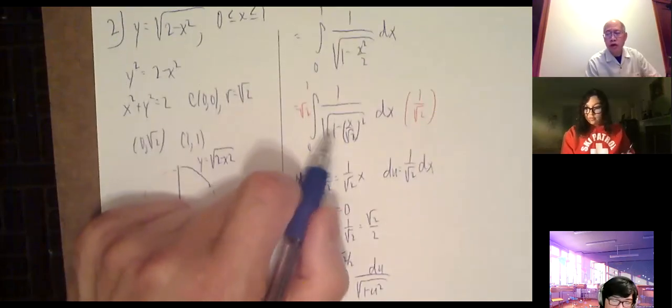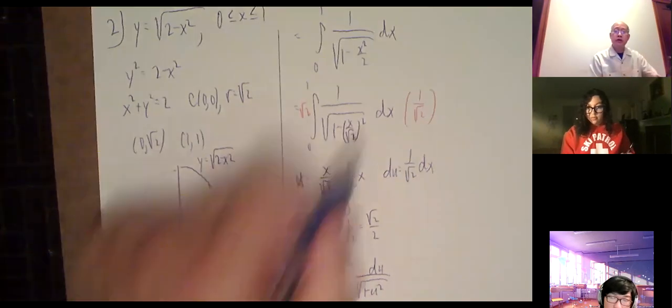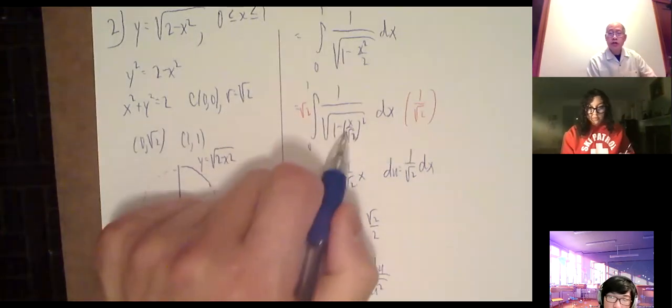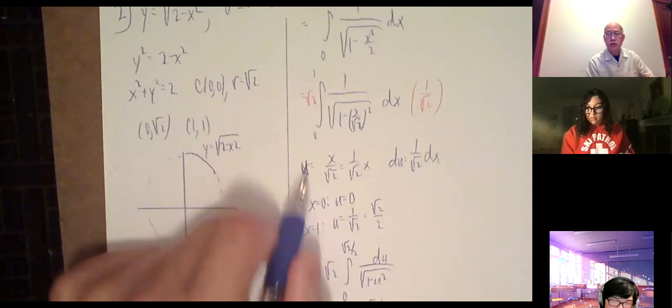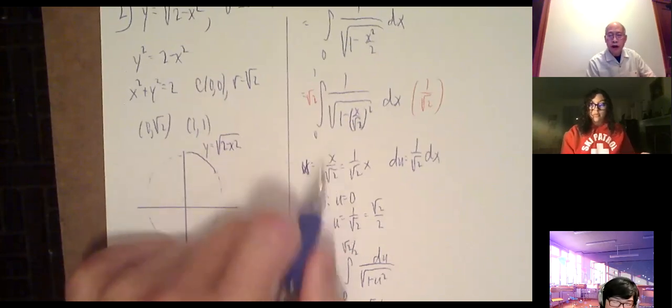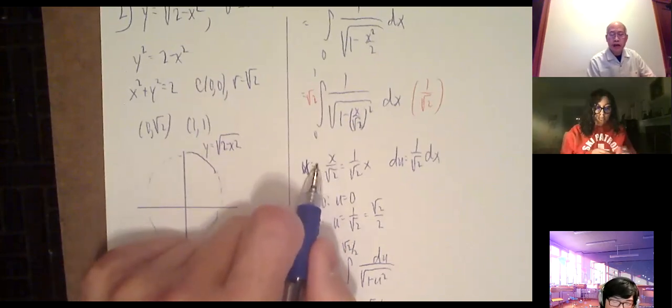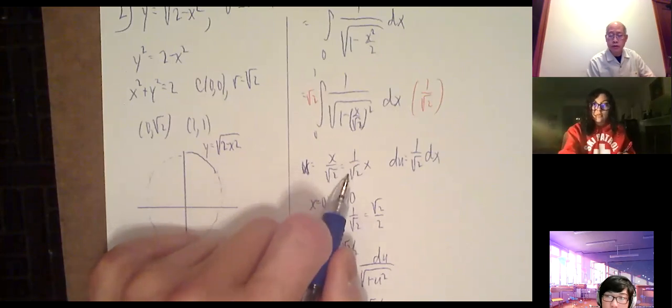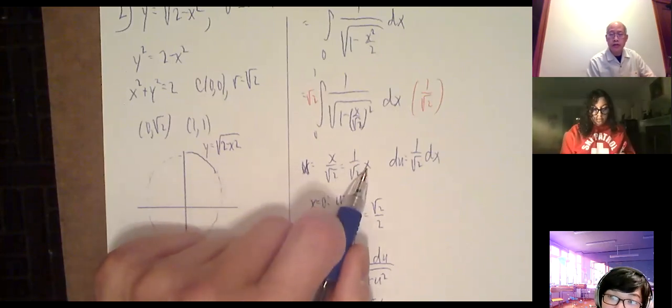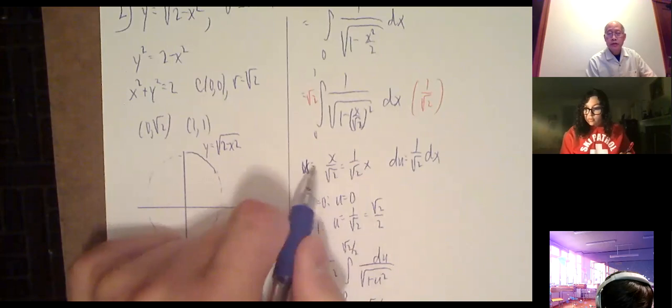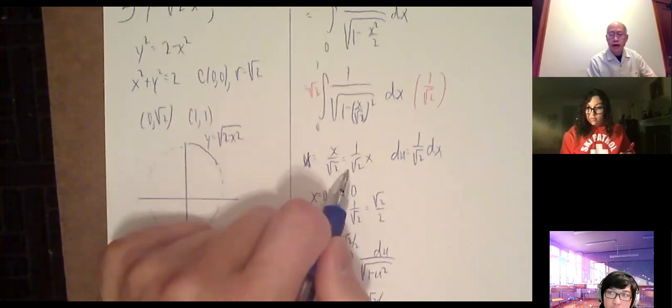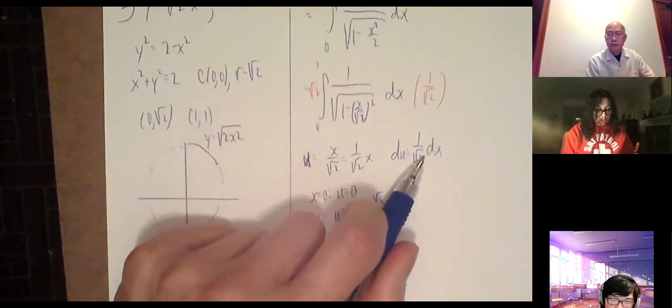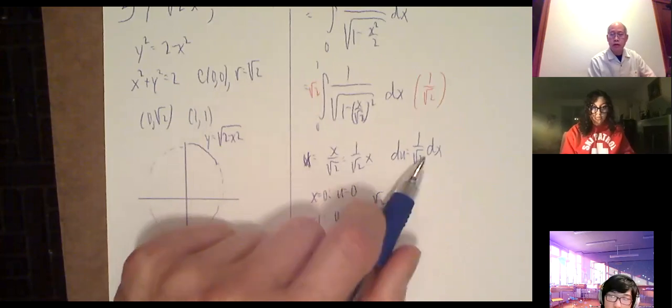All right, so I want this to be 1 minus u squared, so I can substitute with my arc sine. So let u be that: u equals x over radical 2, which you should think of as a coefficient of 1 over radical 2 times x. du is 1 over radical 2 dx. The derivative of this is 1 over radical 2 dx.